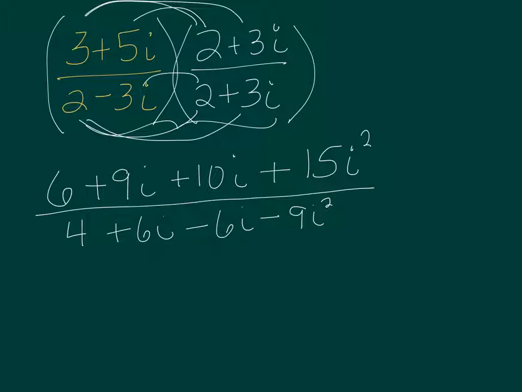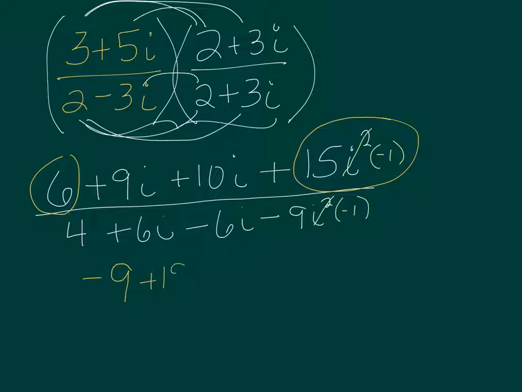So if I replace these i squares with -1, in the numerator I get 6 minus 15, which is minus 9, plus 19i, and these two on the bottom will add to 0.